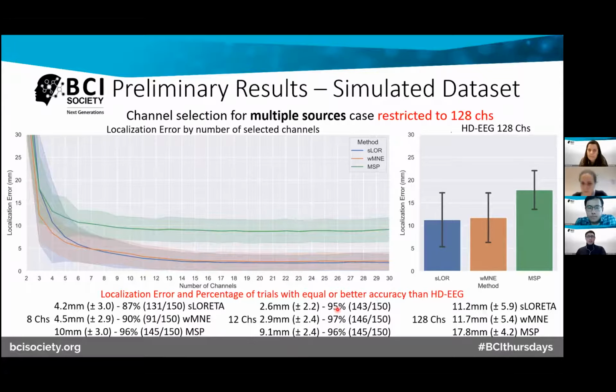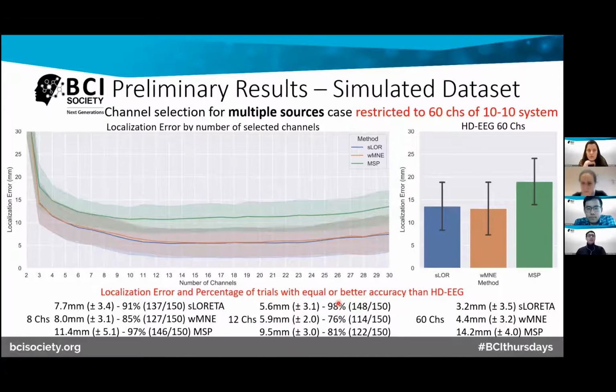Also, we did the same, but with the 10-10 system, with 60 electrodes of the 10-10 system. And then we start to notice that this curve obtained a higher localization error. And that is referring mostly to the positions of the 10-10 system.